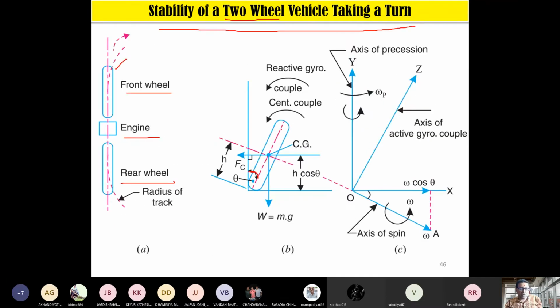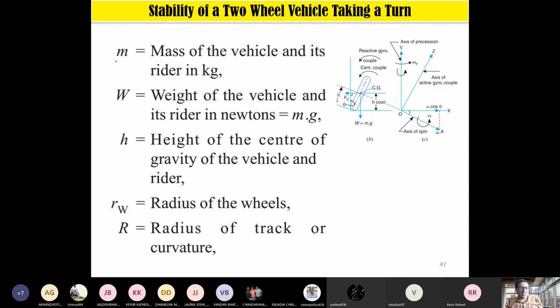Before that, let us go through the parameters here. Again, mass of the vehicle is capital M, which can be converted to weight, equal to m into g. h is the height of the center of gravity, which is shown here. Suppose it is the cg, then the distance of this cg from the base is equal to h. This is the rotating condition.